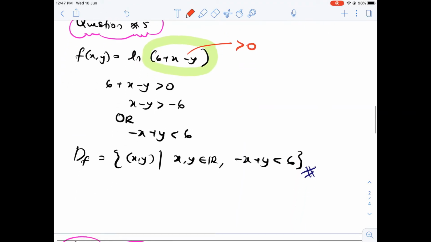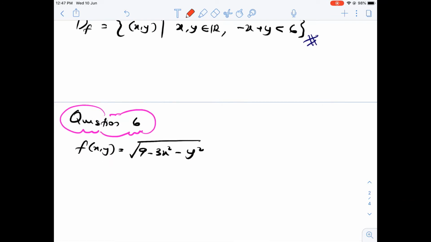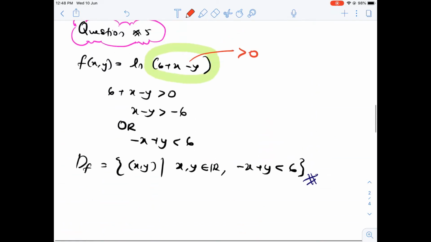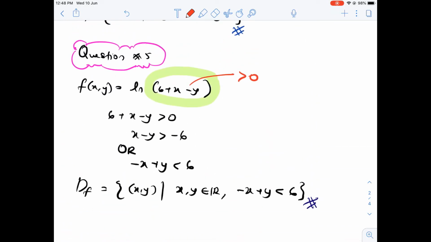But if you have a square root sign, the value inside the square root must be greater than or equal to 0. We have the equal sign. That's the difference between ln and square root sign. For ln, we just have greater than because ln 0 is not valid.